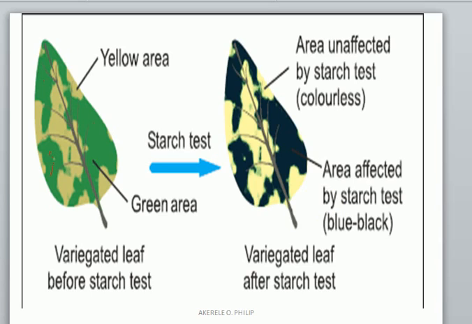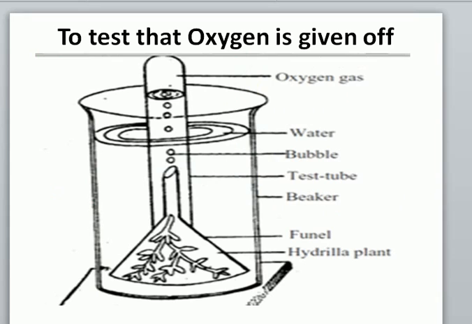Alright, now this is the last experiment showing us that oxygen is given off. Now this is a water plant, a plant say Elodea, or this is Hydrilla, that can stay in water. So what we'll do is we just put this whole setup in the sun. Then after some time, bubbles of water will be seen, and that is to tell us that oxygen is being formed.